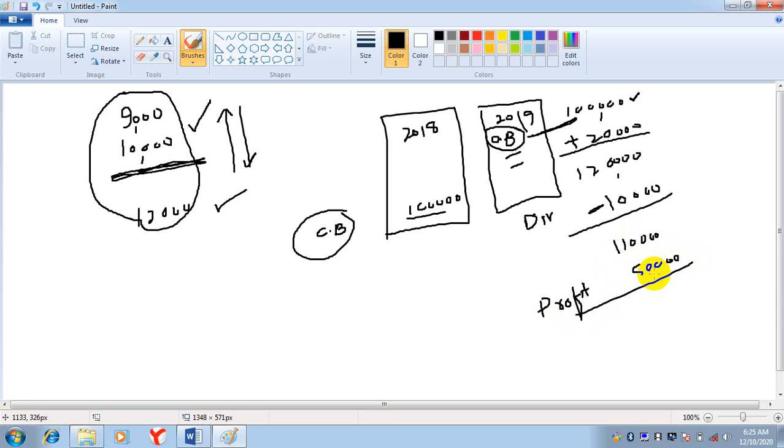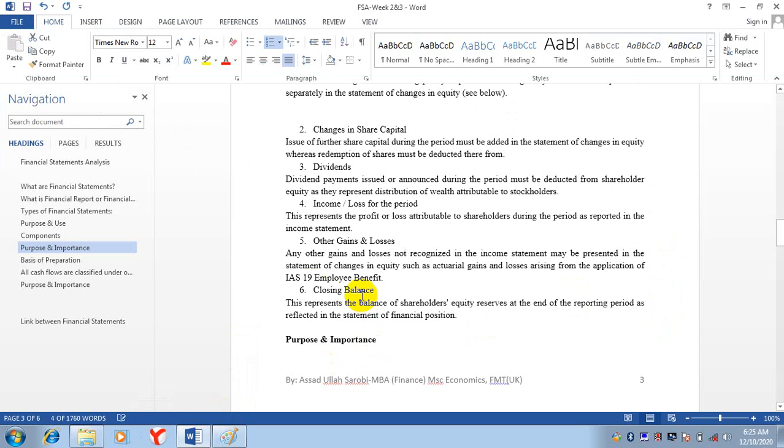So 1,10,000 plus 50,000 becomes 1,60,000. But if there is a loss, the loss will be deducted. We add the profit to shareholders' equity, but if there is a loss, that loss must be deducted.